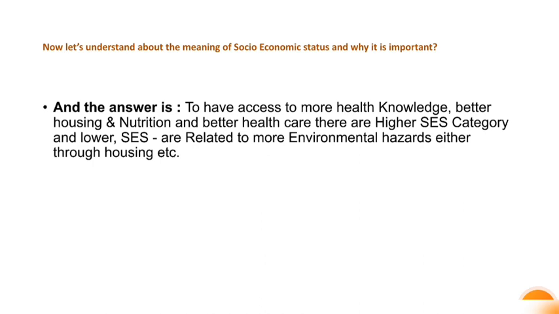There are higher socio-economic status categories and lower socio-economic status categories, which are related to more environmental hazards, either through housing, etc. If a particular group has more knowledge about health, better housing facilities, better nutritional facilities, and better health care, then it is in the group of higher socio-economic status. Low socio-economic status is related to more environmental hazards, which can be through housing facilities, etc.